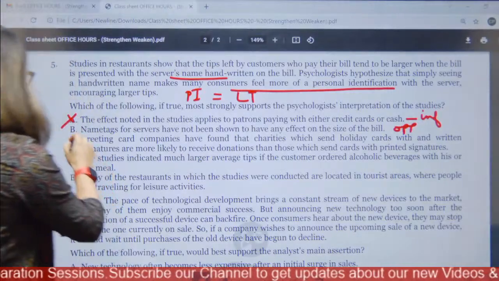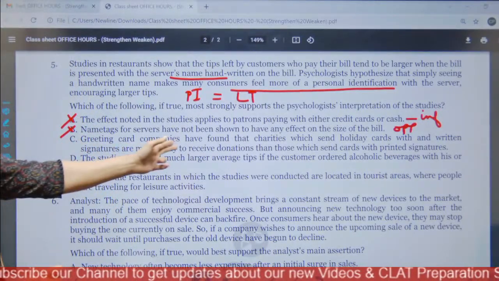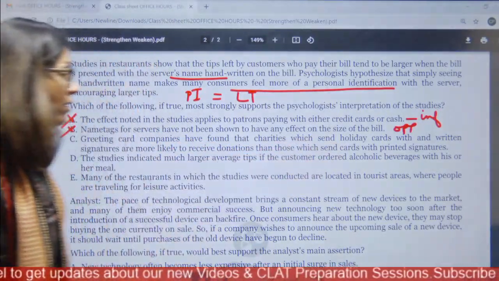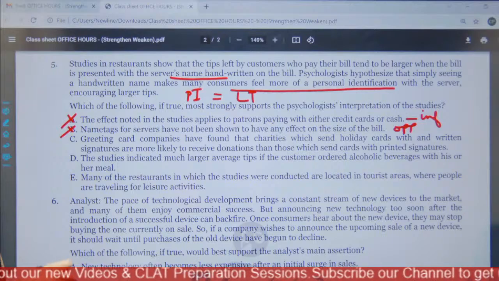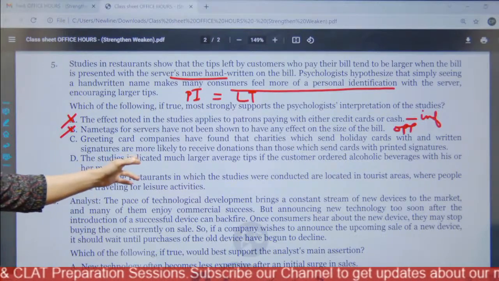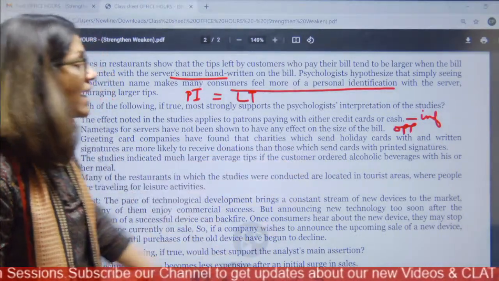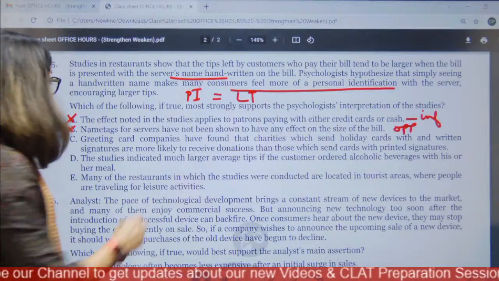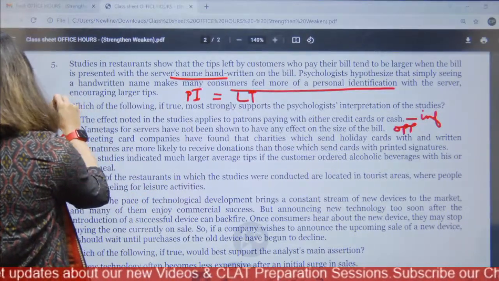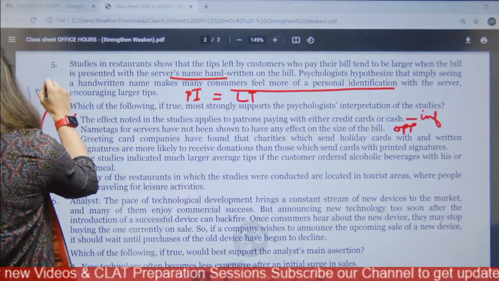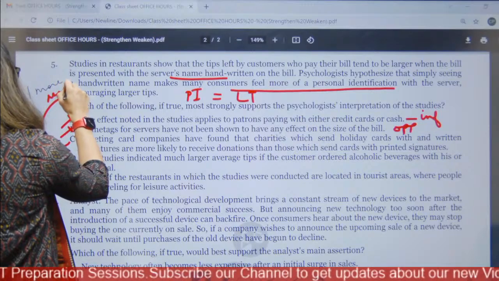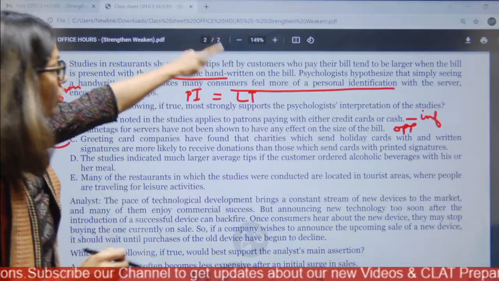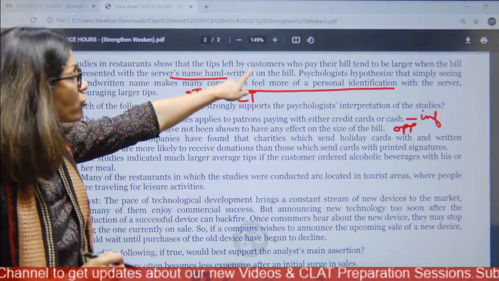Let's eliminate it. Greeting card companies have found that charities that send holiday cards with written signatures are more likely to receive donations than those who do not have signatures. So this gives one more reason. So the author talks about tips in restaurants.